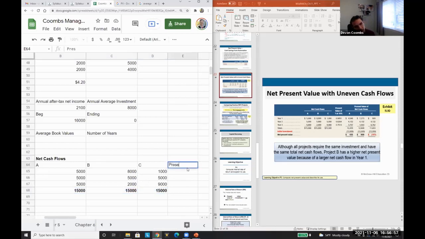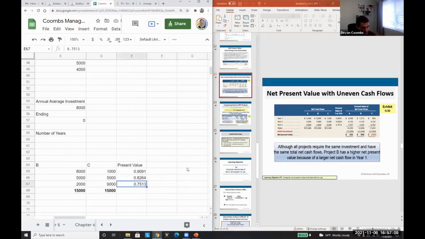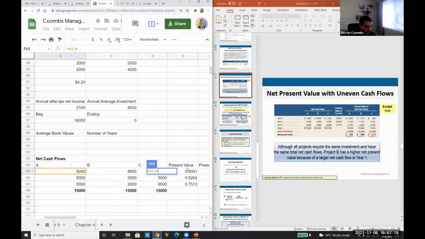This is a present value indicator. So 0.9091, 0.8264, 0.7513. You can just use the calculator to find these amounts. And then present value cash flows. This times this.